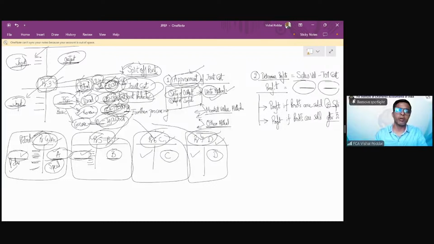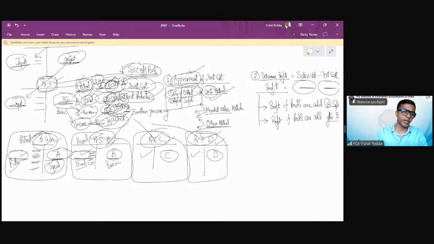You can buy the regular petrol also, or you can buy the slightly better version of the petrol, which is speed. Same thing is for diesel. I can either sell the diesel as it is, or I can do some further processing, adding some power boosters, etc., which will give my heavy vehicles a better pickup, a better performance, and this is now named as power.